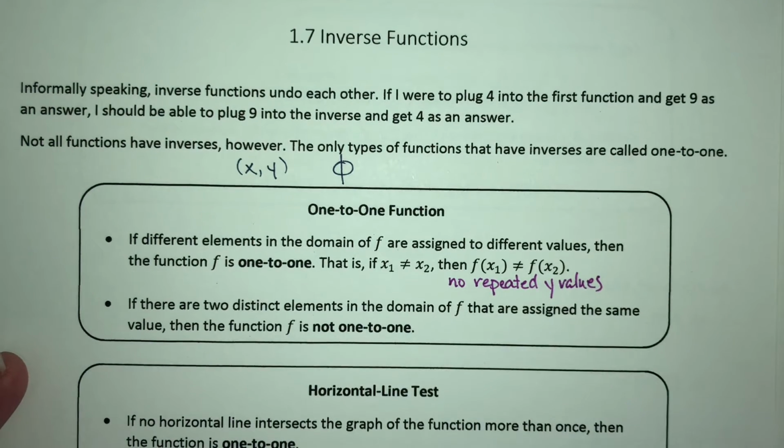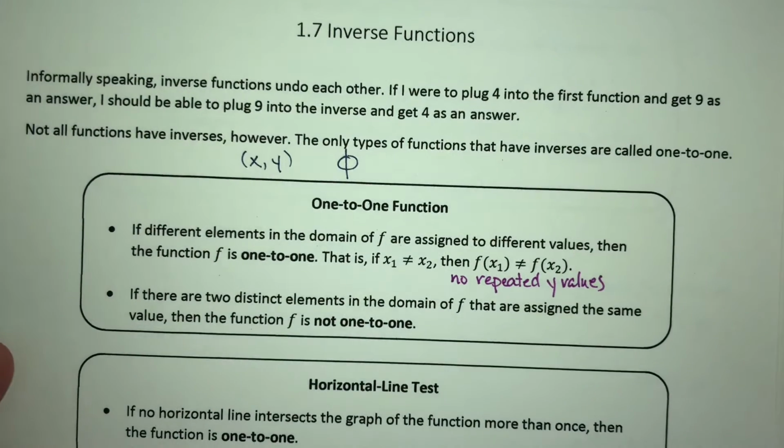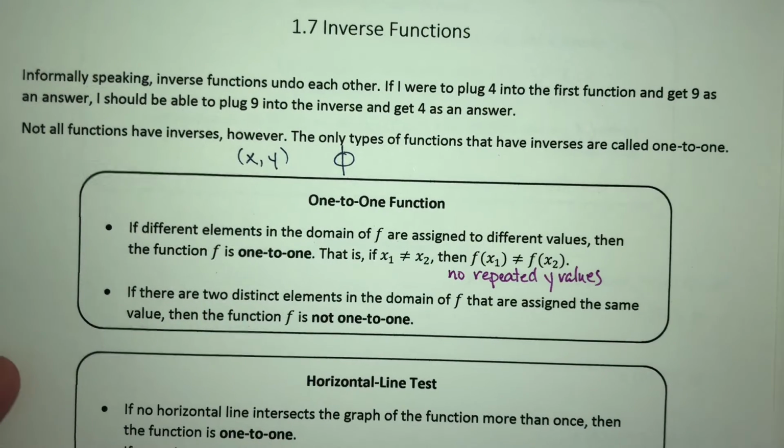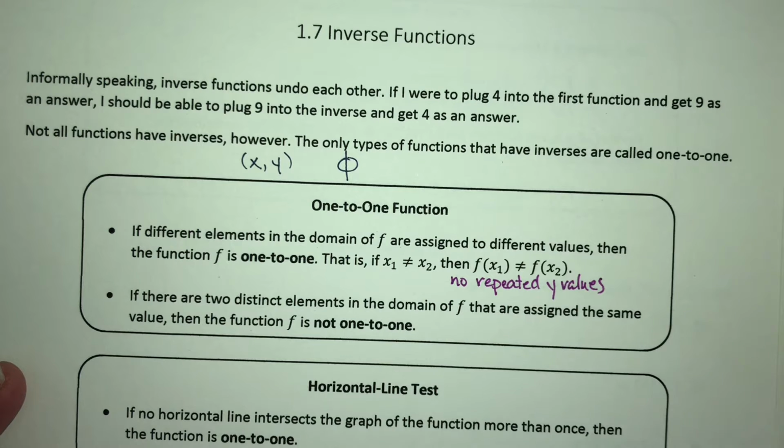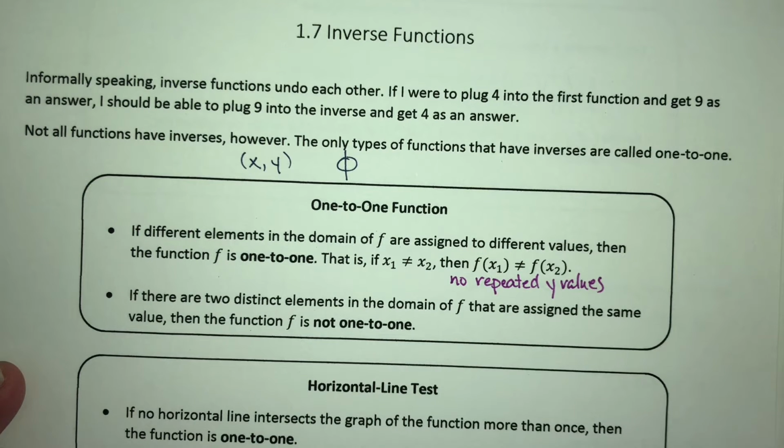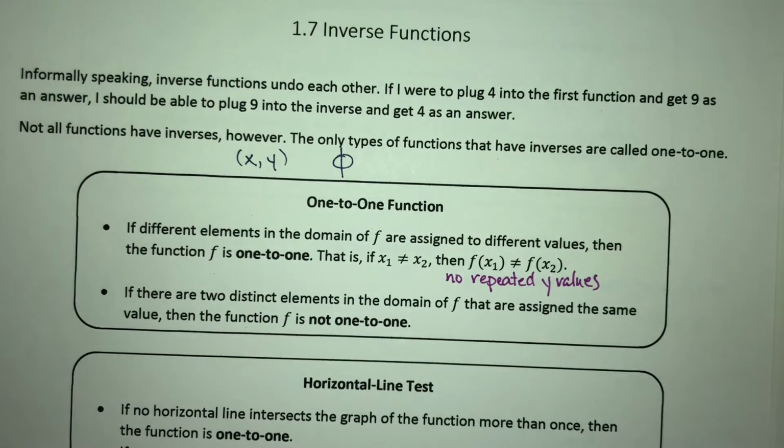If there are two distinct elements in the domain of f that are assigned to the same value, then it's not one-to-one. So if there are repeated y values for the ordered pairs, it is not one-to-one.